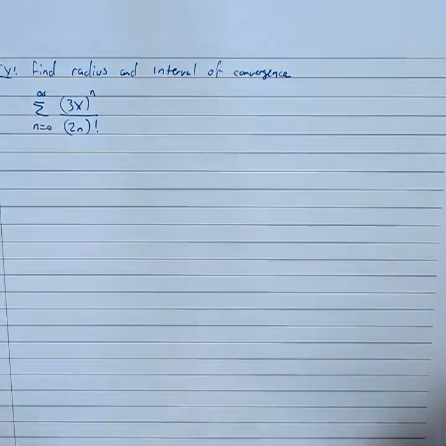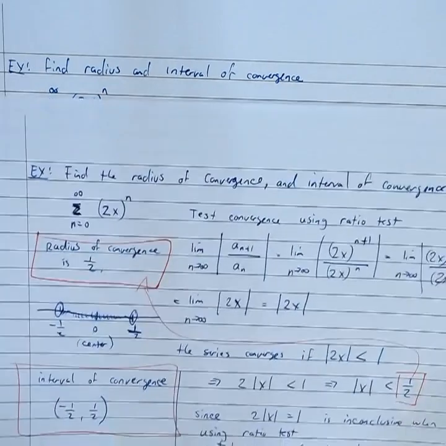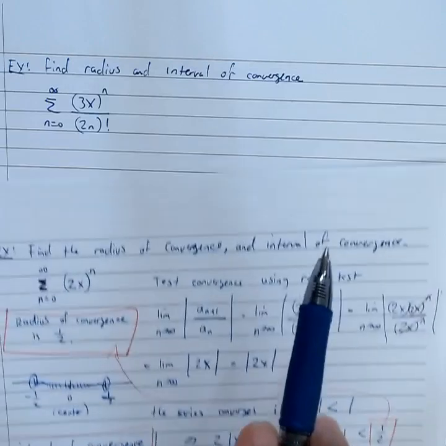So go ahead and give this a try. It's going to work the same way that the previous one did. The answer will probably be different, but you're going to start off by testing your series using whatever test is convenient.